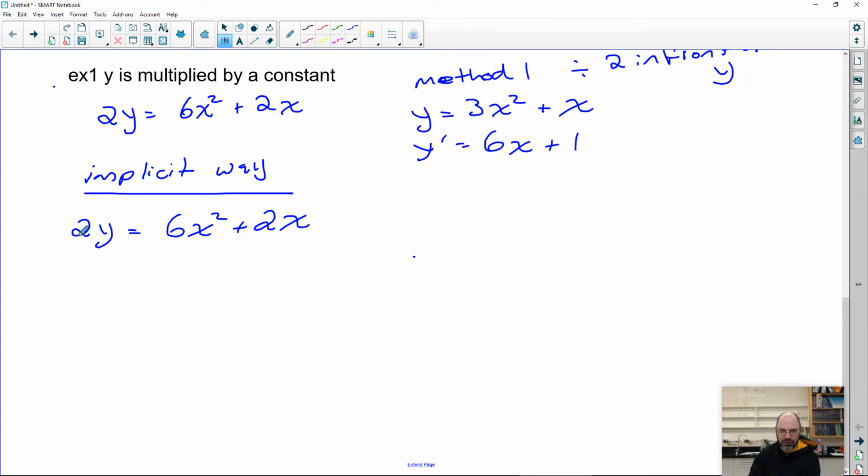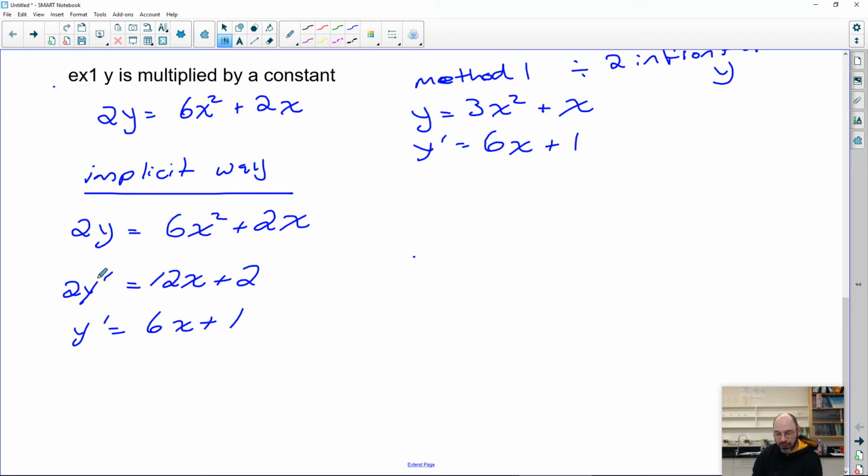So the derivative of this would be 2, and y would be 1, and then y prime after it, equals 12x plus 2, and then you would just divide by 2 to get 6x plus 1. So everywhere you see a y, you're going to be doing a y prime after it.